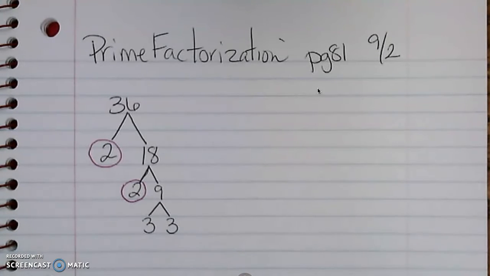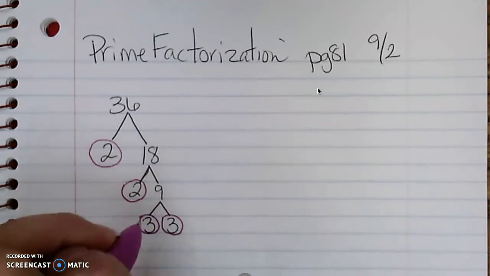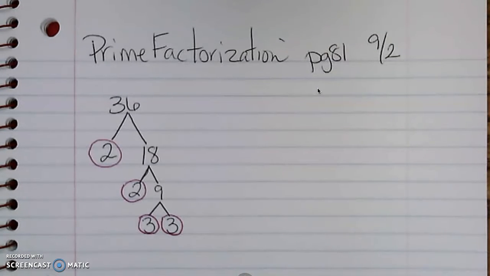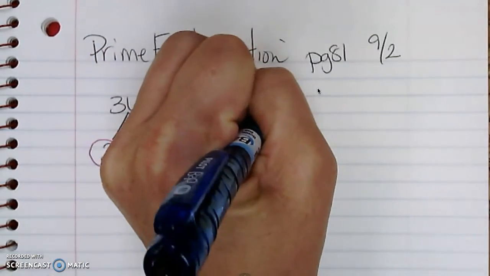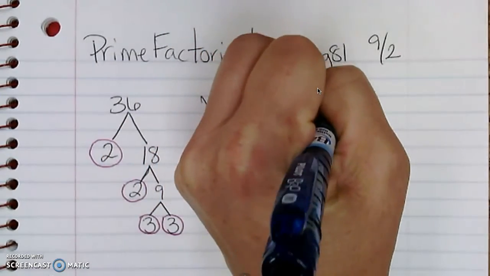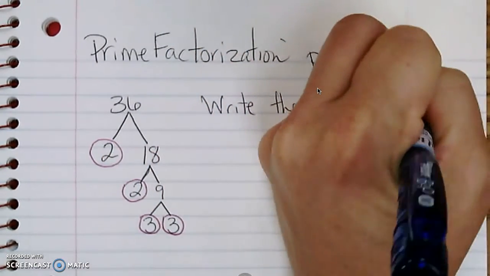And 3 is a prime number, so I am going to circle those prime numbers. And then I'm going to write the prime factorization out for 36, which is what the directions would tell you to do.